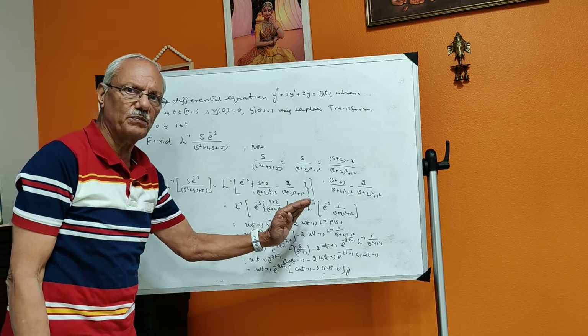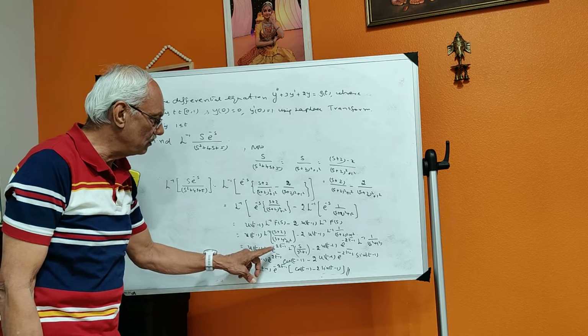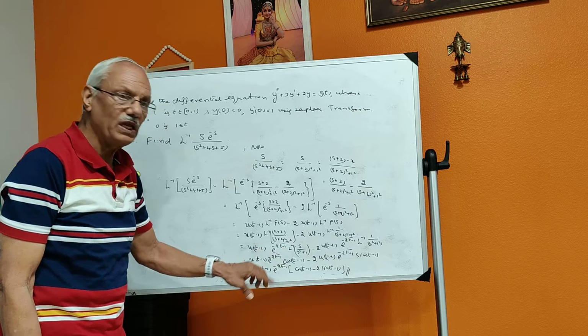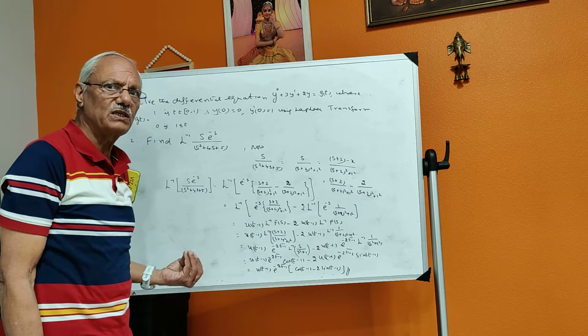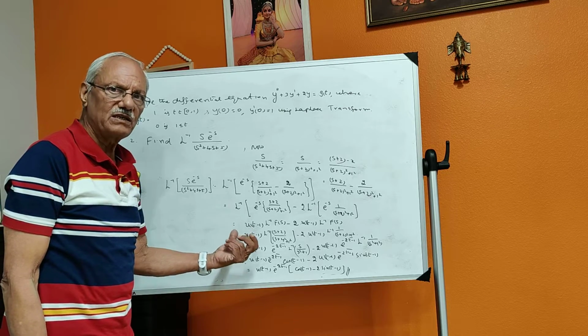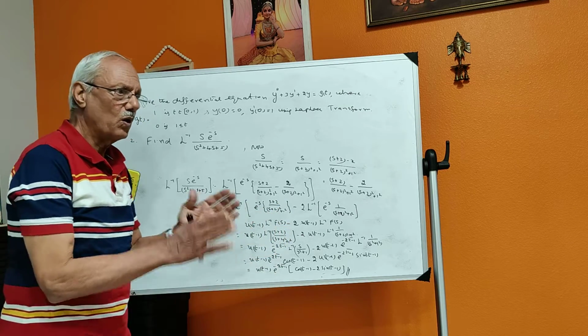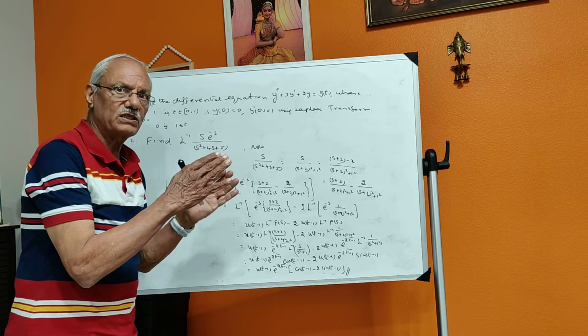When you take the inverse Laplace transform of that, it is e to the power of minus 2t, but because it is defined in a step function, the Laplace transforms are dealt with as step functions.